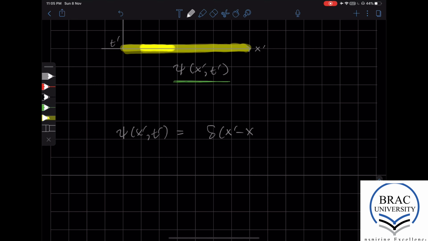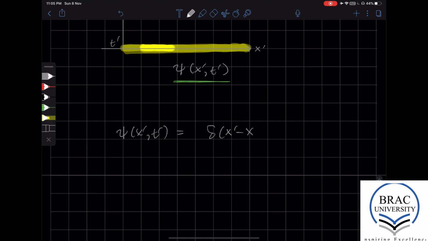psi of x, t is given by the integral over dx prime of K(x, t; x prime, t prime), and then we have the initial wave function at x prime and t prime. But instead, what we will use is that its value is given by this guy, so we are going to use here the delta function. So we're going to use delta of x prime minus x0.